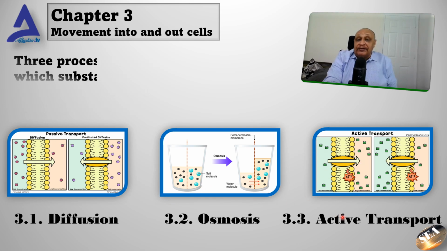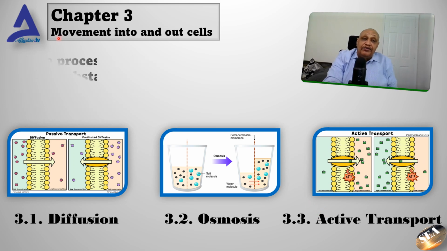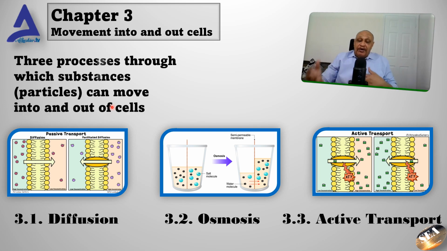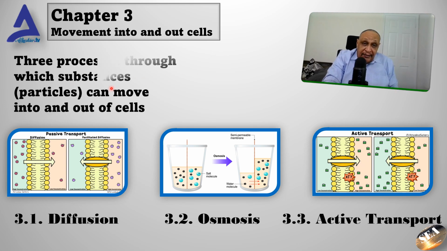Active transport is the third process that is very important in the movement of particles. By particles, we mean atoms, molecules, ions, compounds, whatever, through the cell or from place to place. Because we are studying biology, we care about cells.